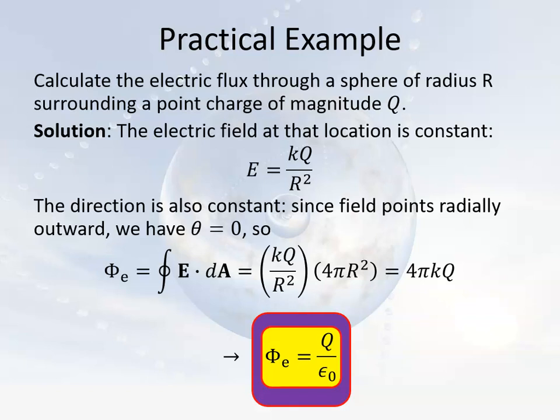Now, this is an amazing result. The fact that the electric flux is independent of the radius of your sphere leads to a remarkable conclusion. The electric flux through any sphere is equal to the enclosed charge divided by epsilon naught.